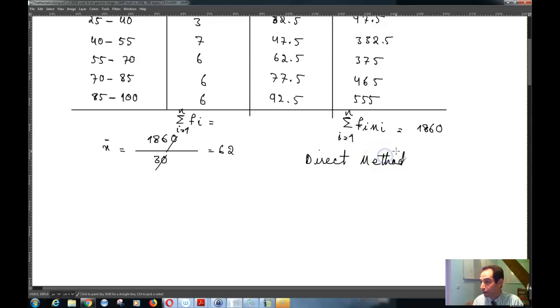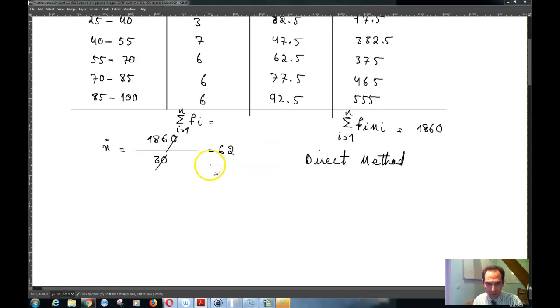Okay. Now, let's go back and see what sort of x bar we got when we didn't have class intervals, which was example number 1. That was 59.3.